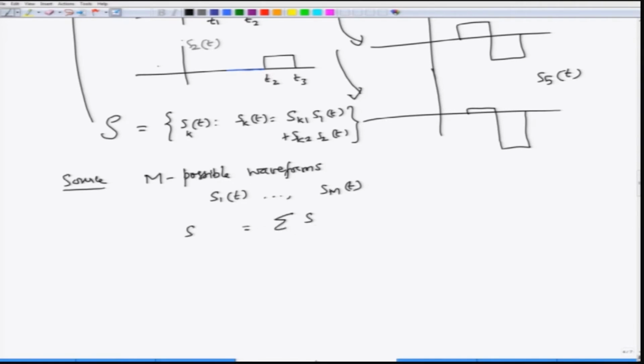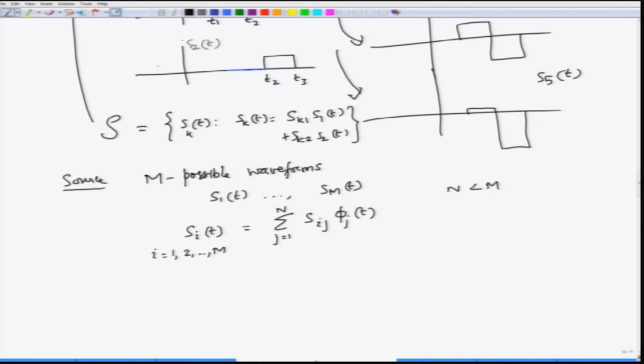If I am looking at the ith waveform Si of t, where i is equal to 1, 2 up to m, if I can write this Si of t as a linear combination of n signals, Sij phi j of t, with n less than m, then this Si of t can be very uniquely specified by the Sij components.